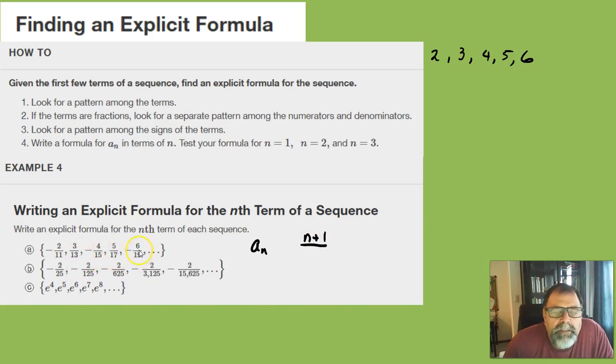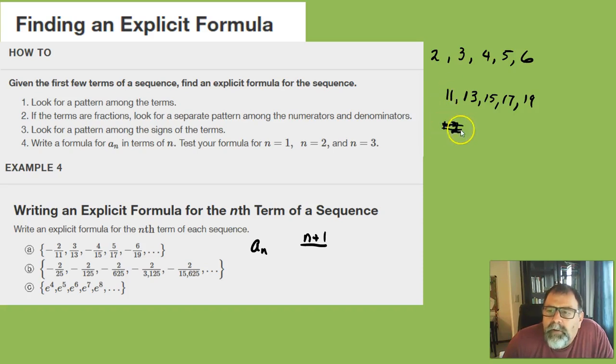So it's increasing by 2 every time: 11, 13, 15, 17, 19. That's increasing by 2, so I know it's going to be plus 2, plus 2, plus 2. And then I need to start at 11.